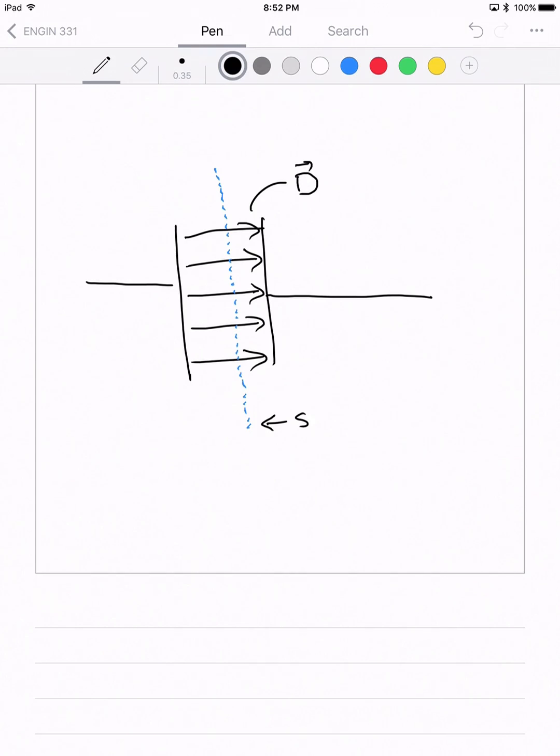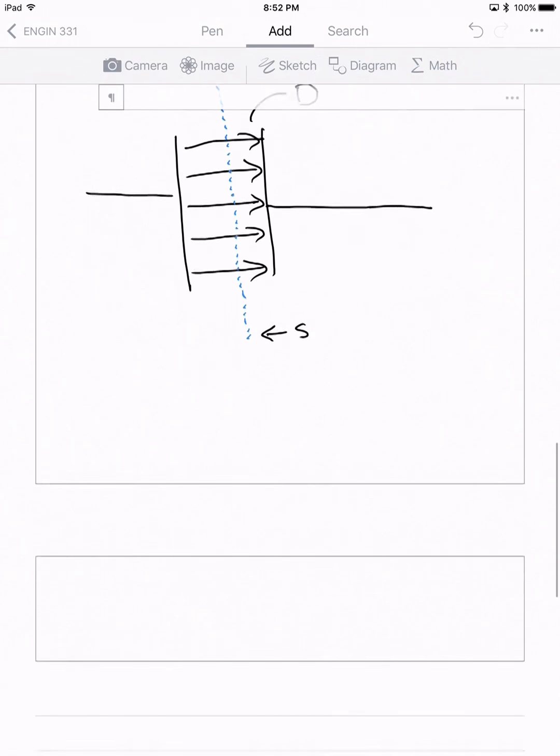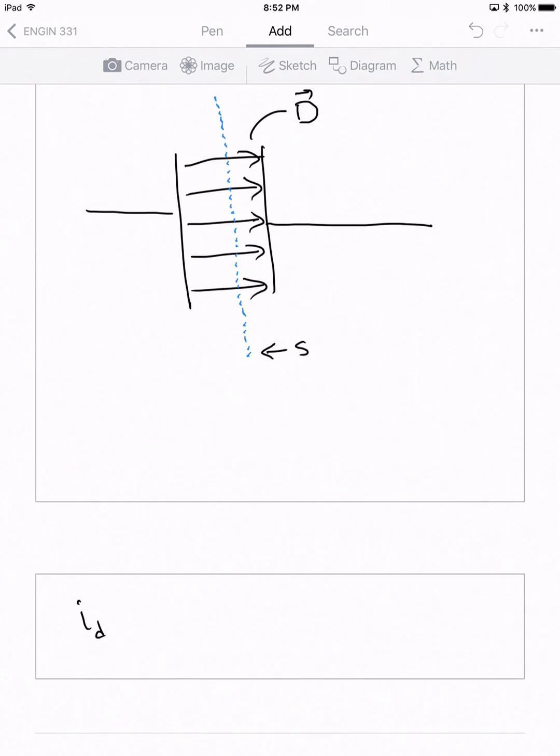So my displacement current, I sub D, is going to be equal to the integral over the surface S of partial D partial t dot dS.